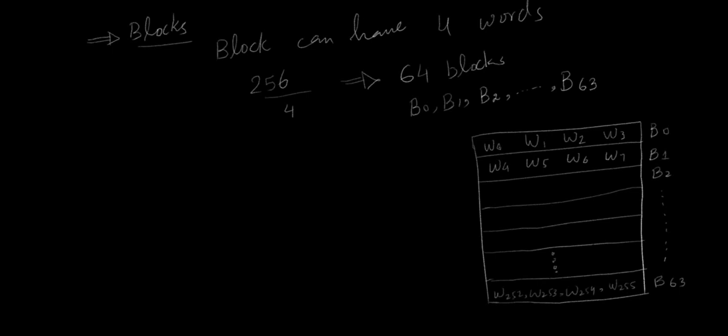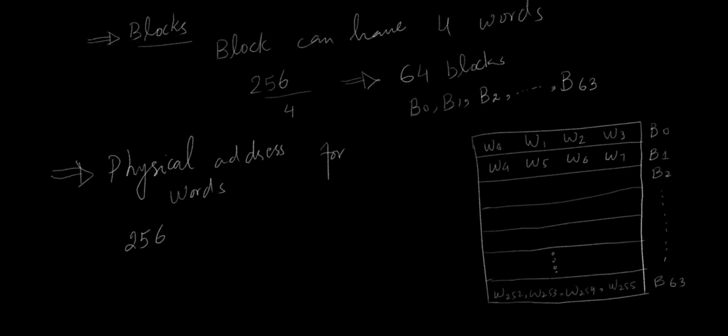So in total, I have 256 words and 64 blocks. Now I want to see how the physical addresses are going to work for the words and for the blocks. So now I'm just going to see the physical addresses. We will start from the words. What is going to be the physical address for the words? The calculation is very simple. How many words do we have?